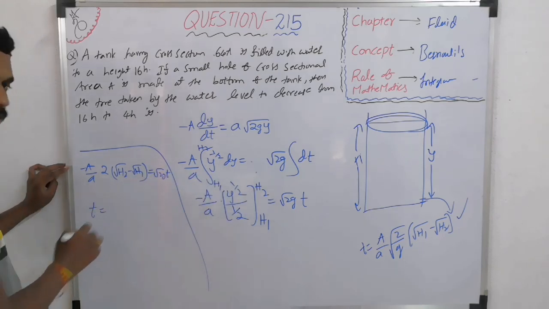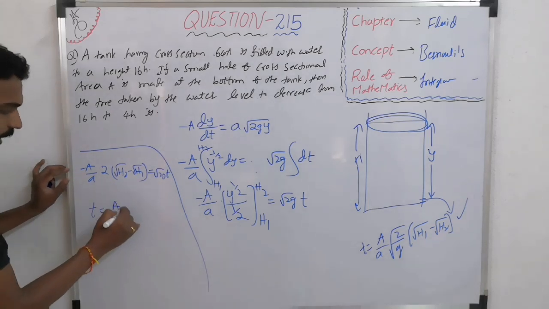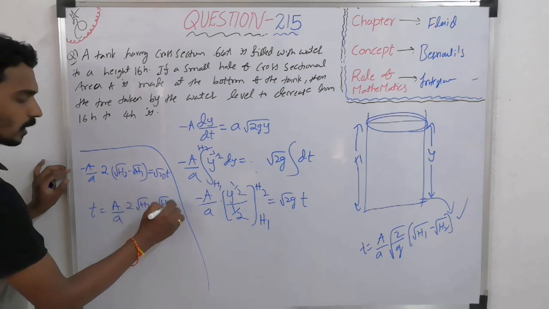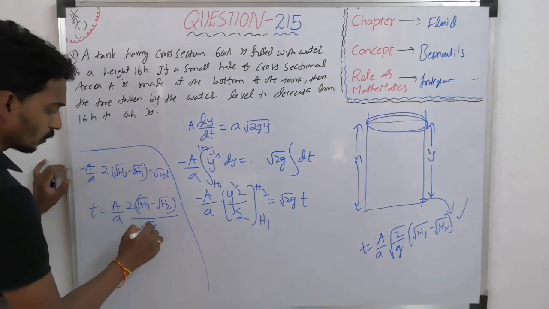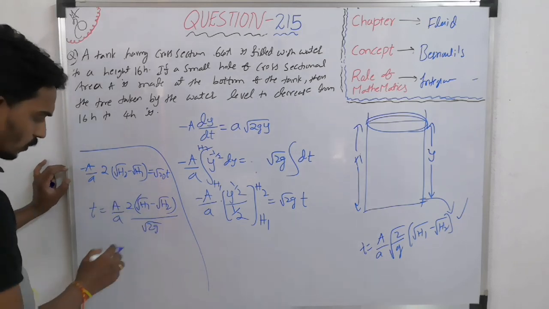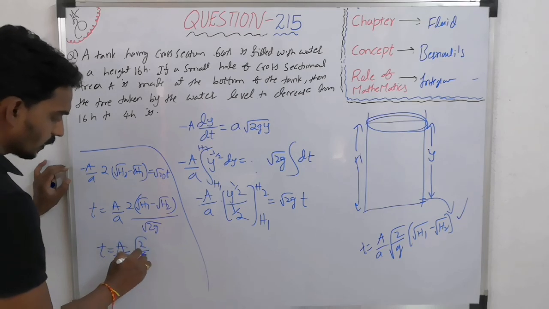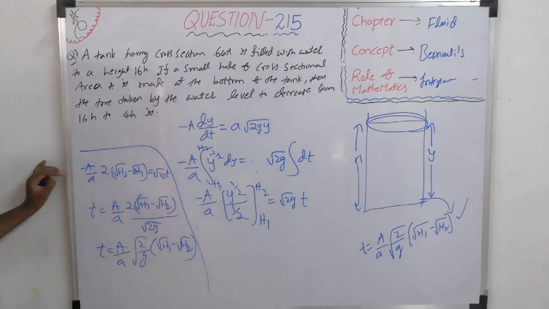So t equals, if you multiply inside, A by a, 2 times (root h1 minus root h2) by root 2g. So 2 by root 2 is root 2, so root of 2 by g into (root h1 minus root h2).